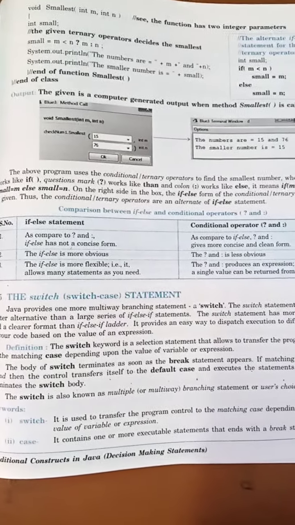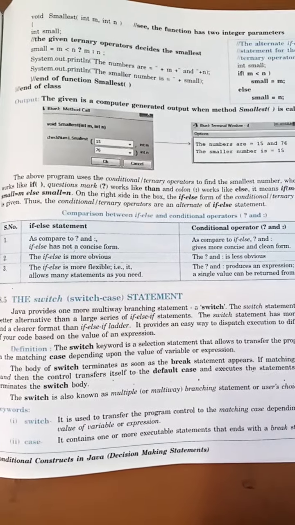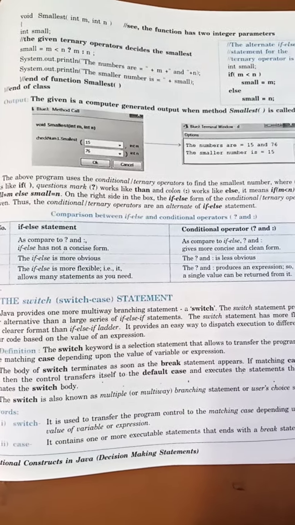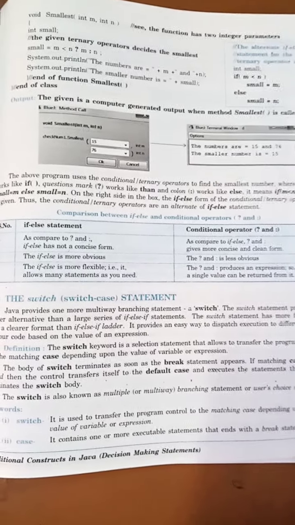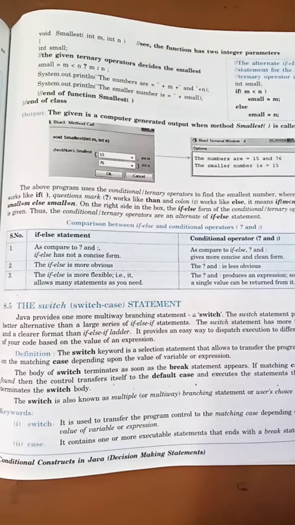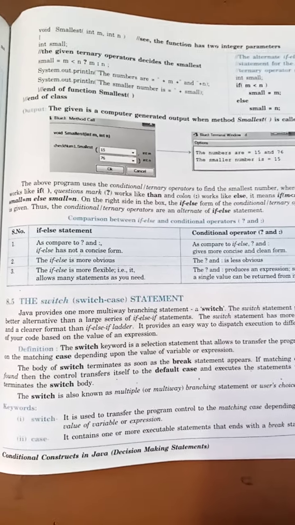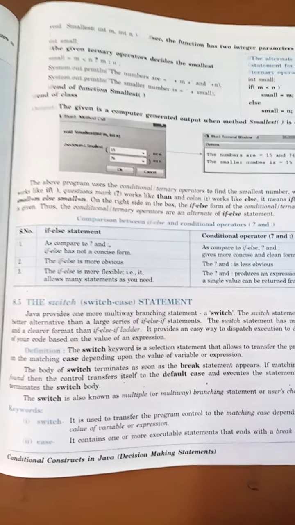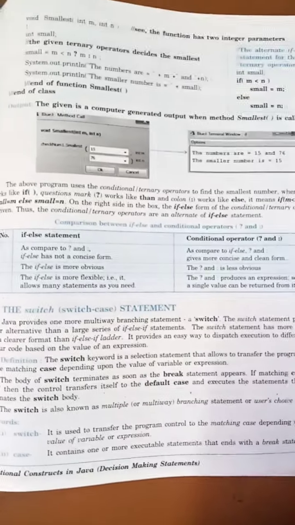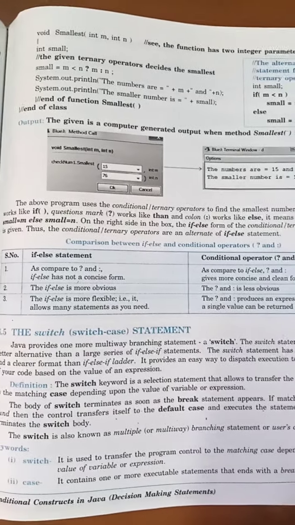Break is a jump statement which is responsible for the immediate exit from that particular block. So if any case matches, then that particular case will get executed, and just after that the switch will be terminated. And if a matching case is not found, then the control goes to the default case.